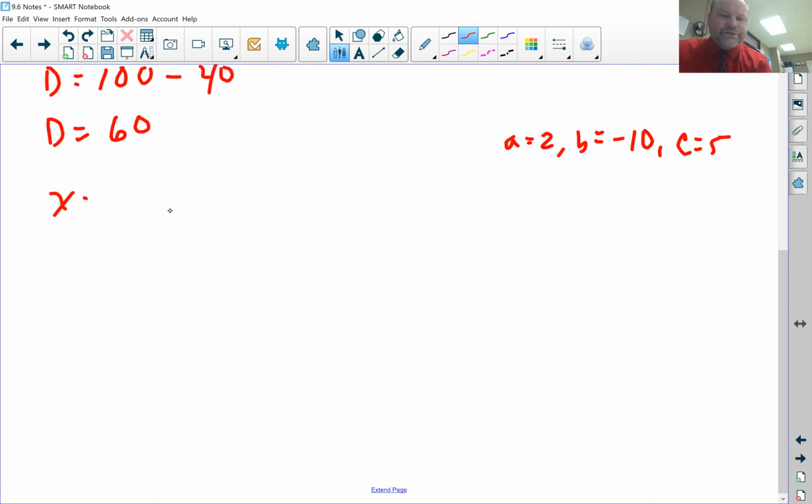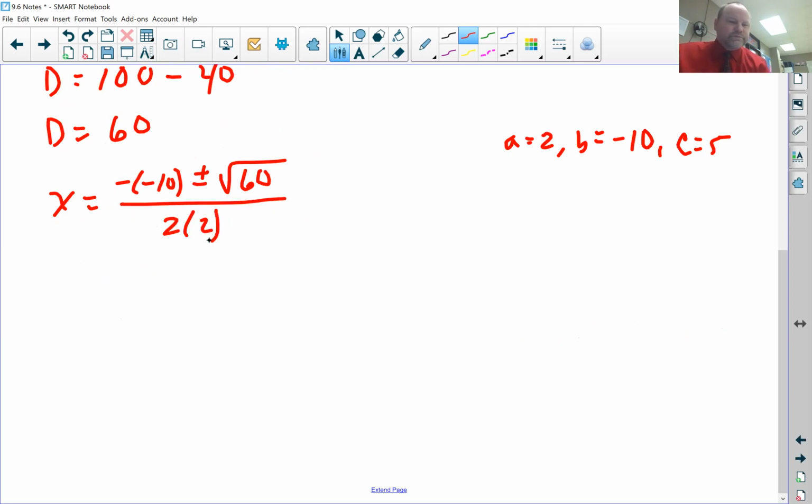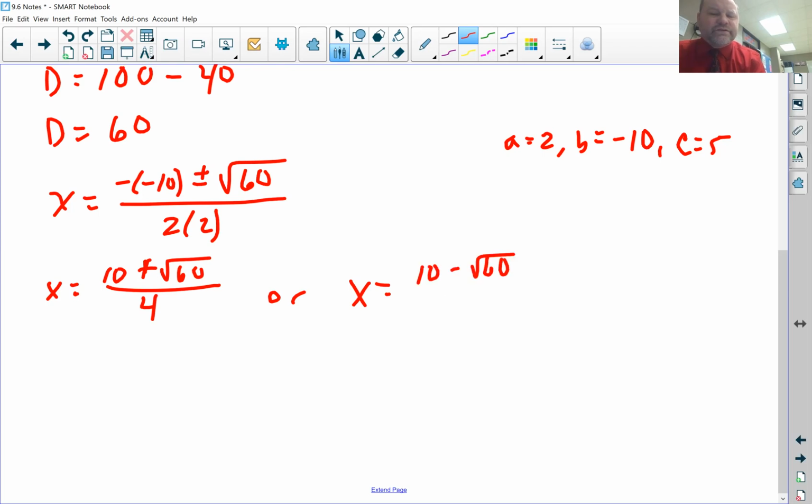So my solutions are the opposite of B plus or minus the square root of the discriminant divided by 2 times A. The opposite of -10 is positive 10. And I'd add the square root of 60. 2 times A is 4. Or I take the opposite of B minus the square root of 60 divided by 4.